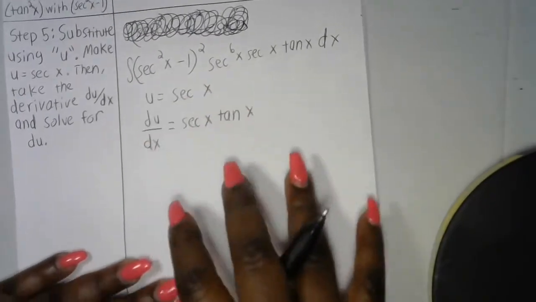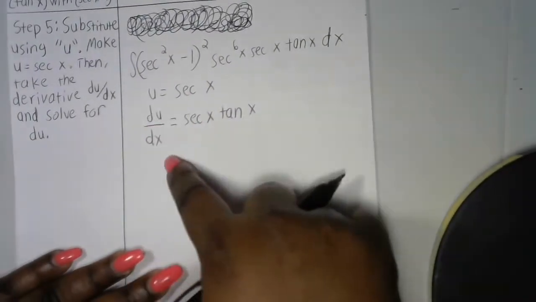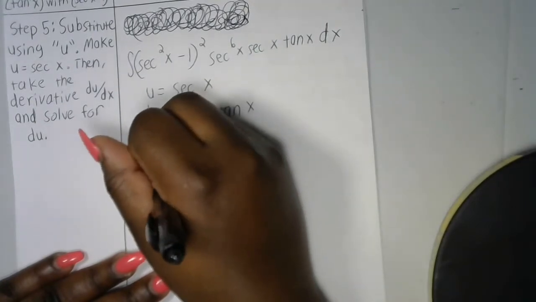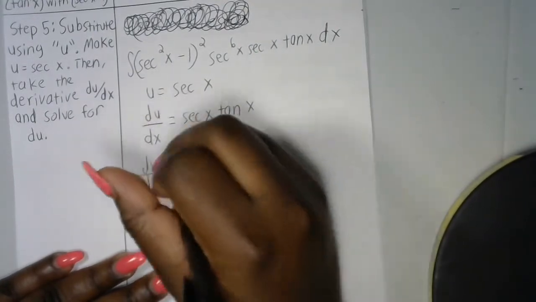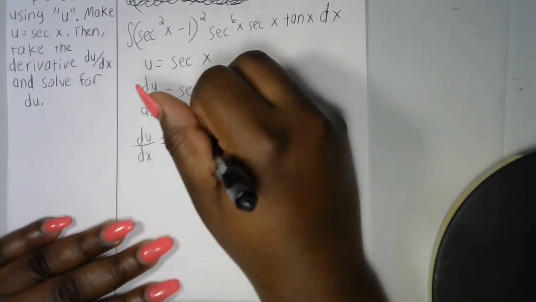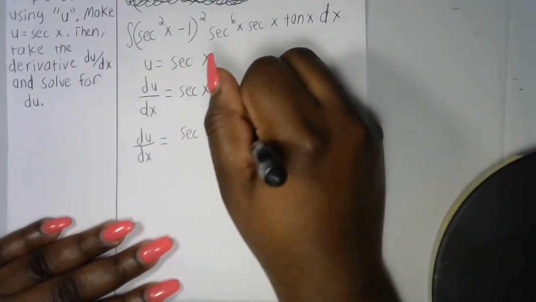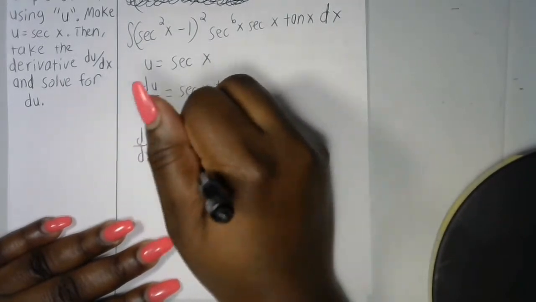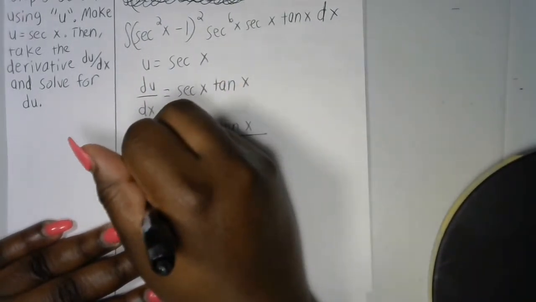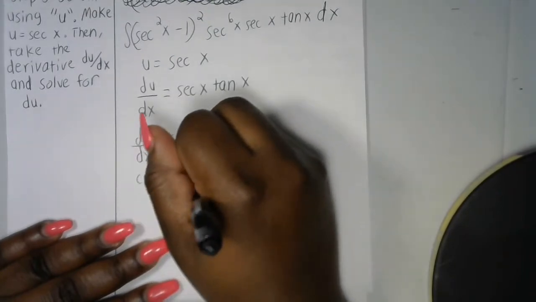If you make this a fraction and cross multiply, du over dx is equal to secant x tan x over 1, and then we cross multiply.